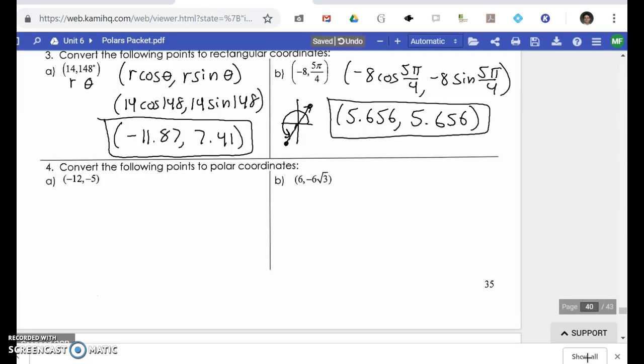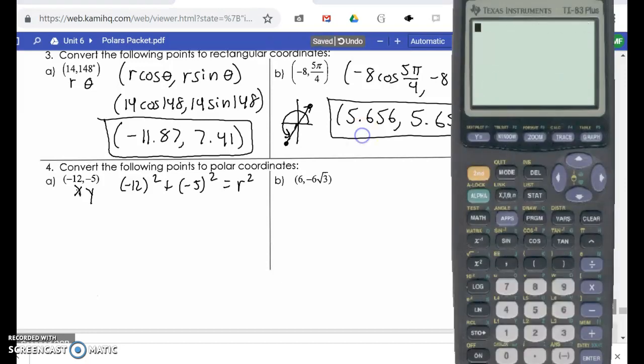The last two problems on this page, we have to figure out what the polar coordinates are of this given x, y coordinate pair. So the way we're going to do that is we're going to use the fact that x squared plus y squared has to equal r squared.